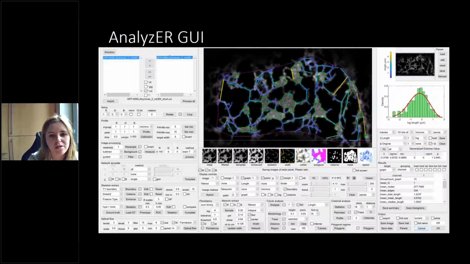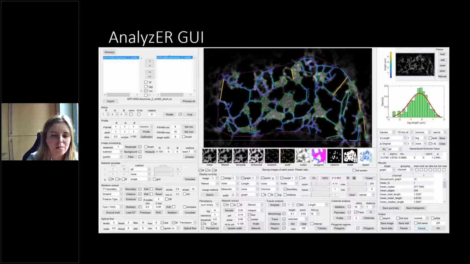In conjunction with Mark Fricker, who works down at Oxford University, we developed one of the first iterations of a program called Analyzer. Gotta love the acronyms, of course. I know that this is a slightly scary user interface, but we've generated an interface that is adaptable for different imaging methods.